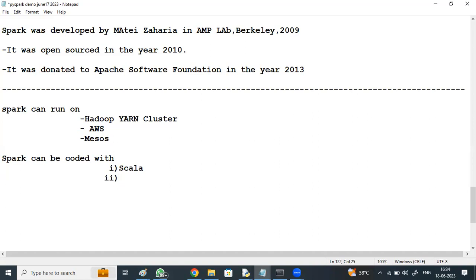Spark supports multi-language support like Scala, Python, Java, and R language.